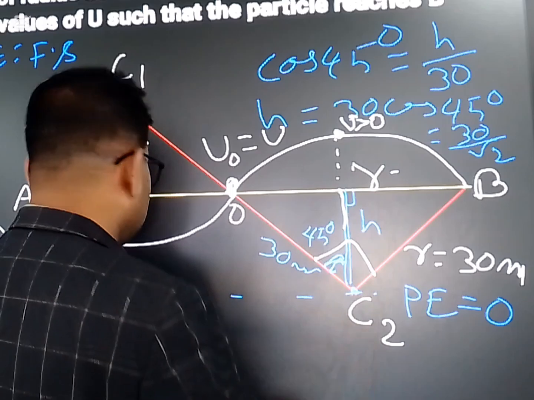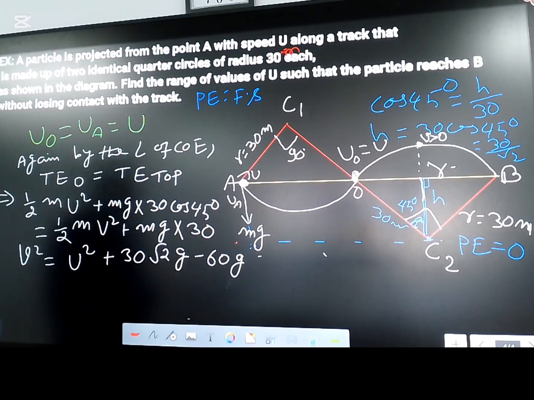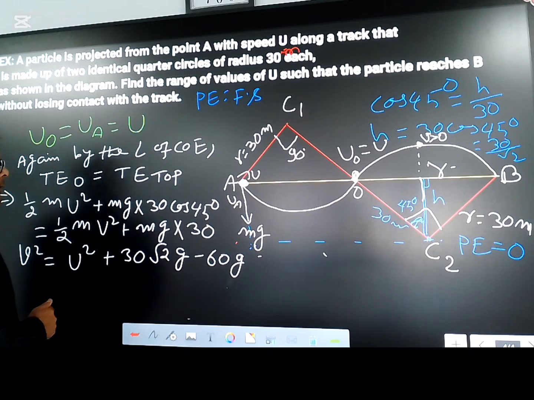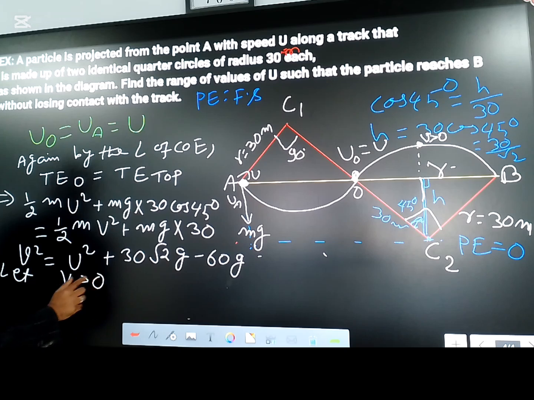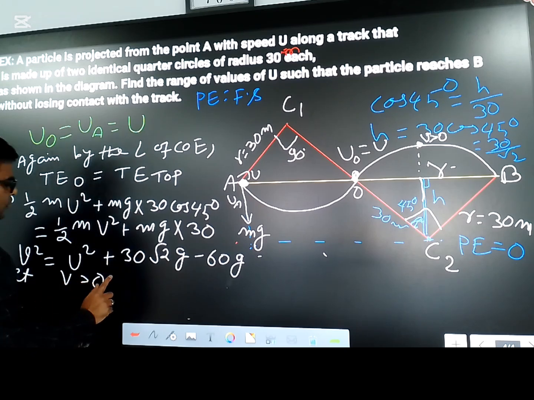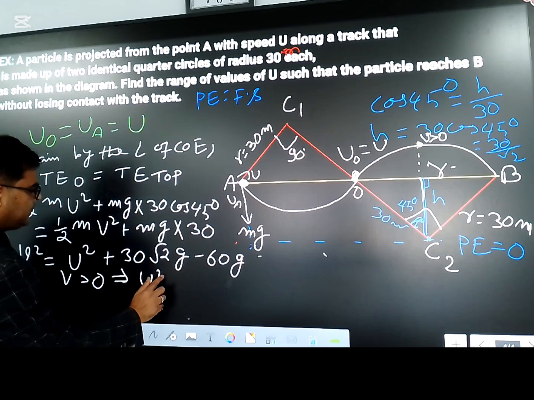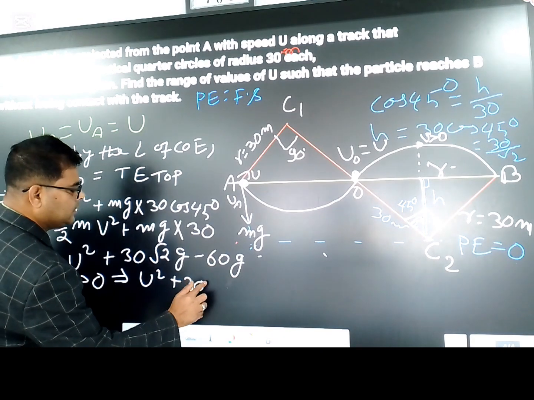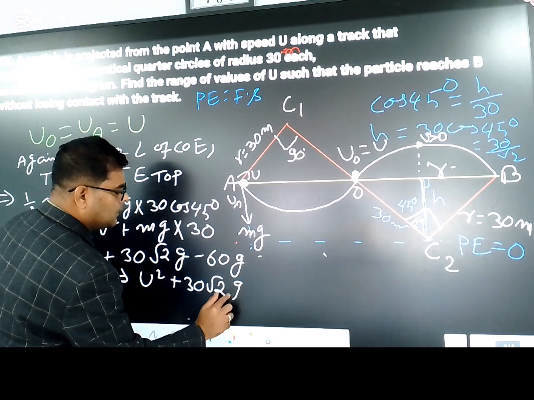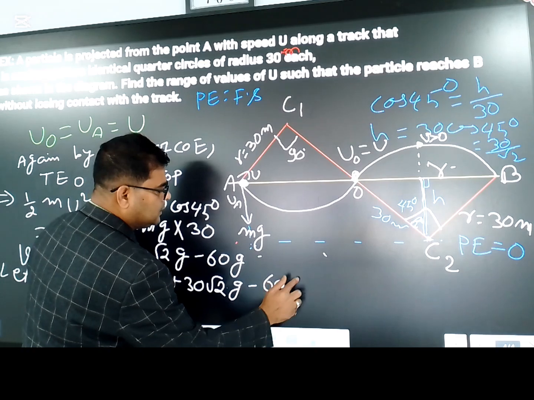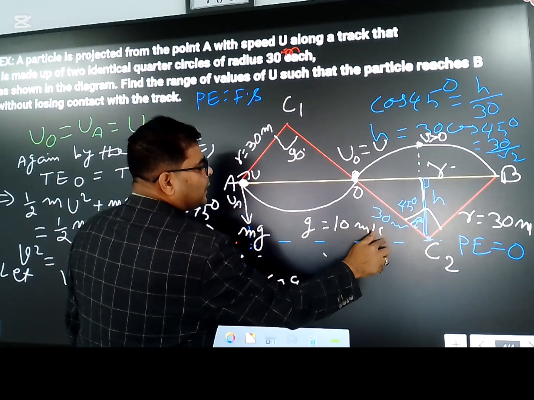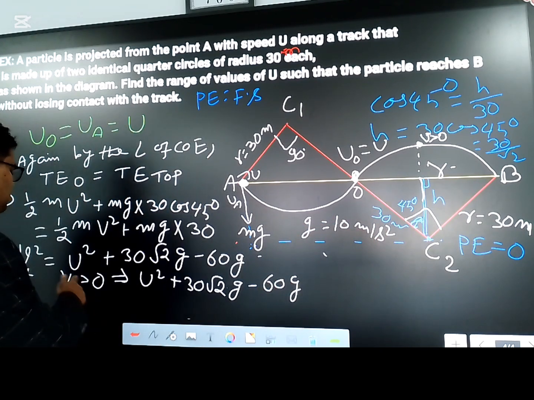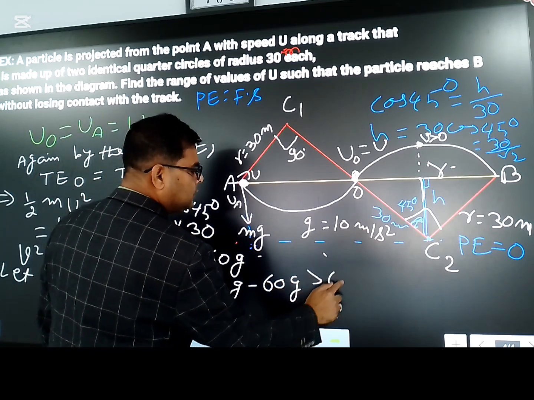So in that situation, what is the value of u? Let's consider v is greater than 0. So u square plus 30 root 2g minus 60g, where you can take g as 10 meters per square second, is greater than 0.